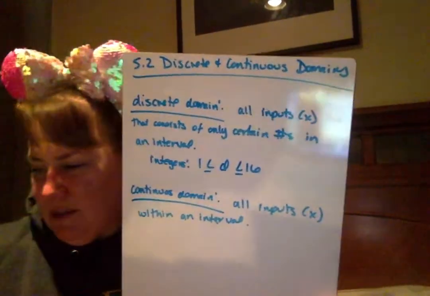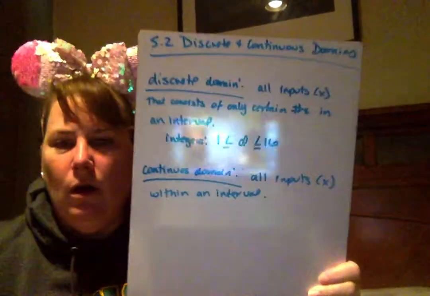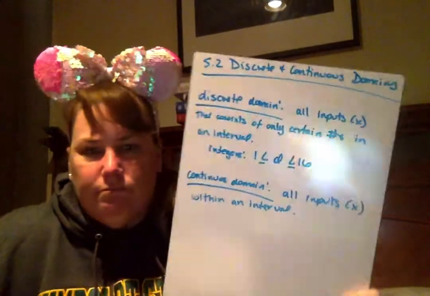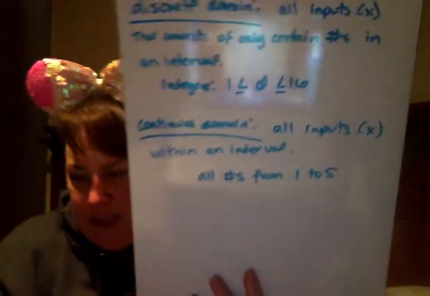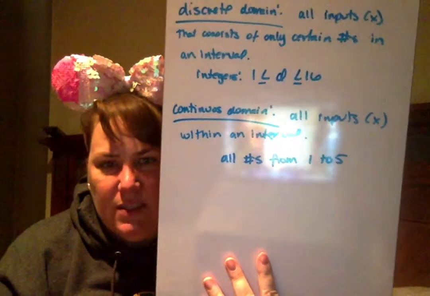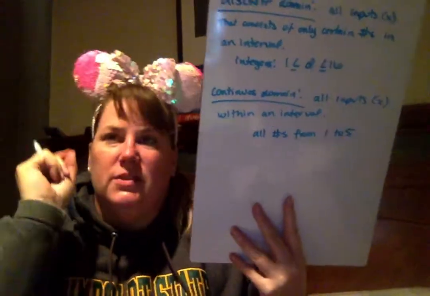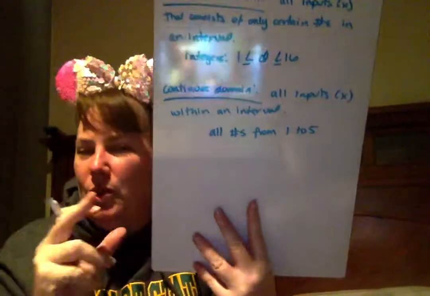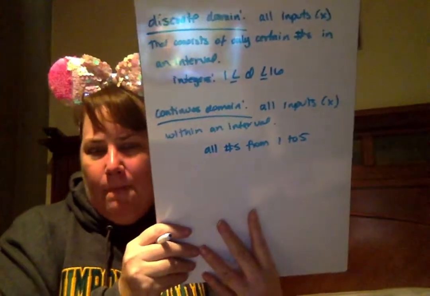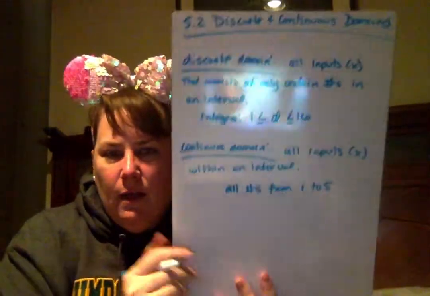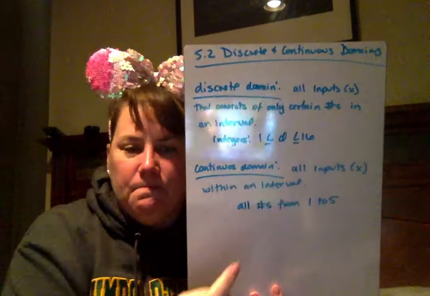So we could be talking about something like all the numbers from 1 to 5. That could be something like 1, 1.01, 1.02, 1.03, and so on. If you actually had to graph these, it would be points on the number line.